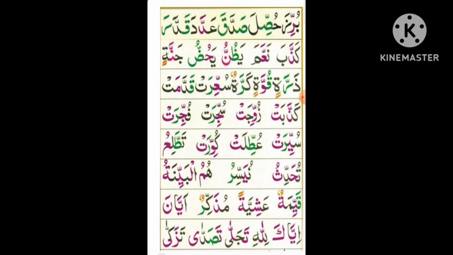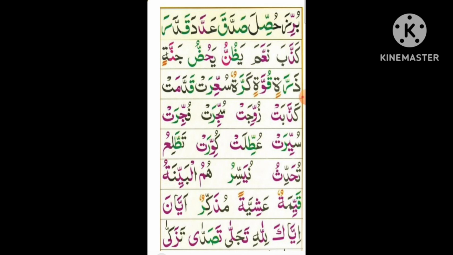So how do we read it? First we will join the quiescent dal with the ain, dal zabar ad, dal zabar da, adda. Now look at the second dal, that is dal zabar da, addada. Then we have qaddara.